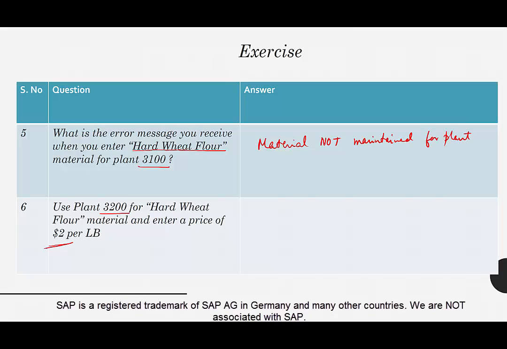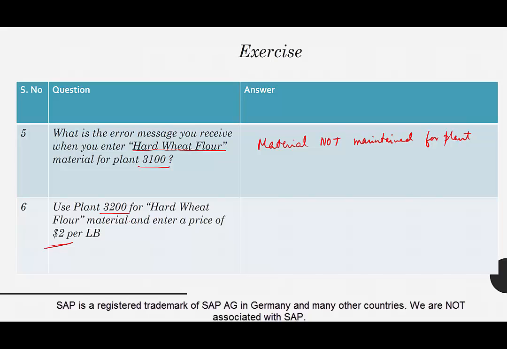We will look at more details on this error message a bit later, but for now just understand that you cannot enter any material for any plant. Think of this scenario. Not all materials are created or manufactured in all plants, right? Some plants manufacture some materials, or some plants store some materials, while other plants store other kinds of materials. It also depends on the facilities available at that plant. All right, let's move on.